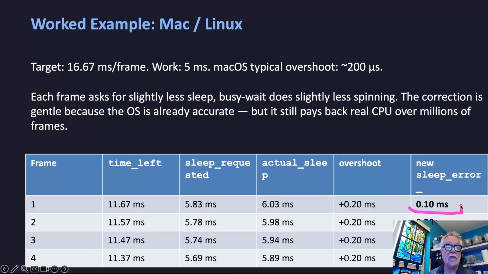So my sleep error here is 0.1 milliseconds. So now I'm going to ask here, you'll notice that my sleep requested is slightly less, and the actual sleep just overshoots by a little bit, so I'm overshot by 0.02, and so I add half of this to my sleep error, and now I have 0.2.